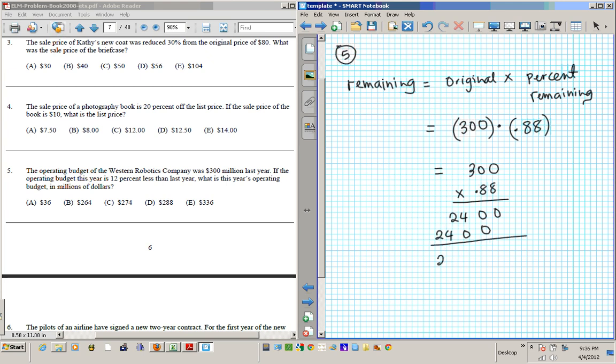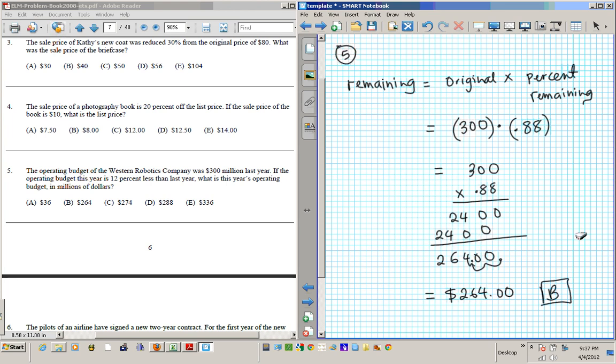We're going to have 26400. Since we have two decimal places with this number right here, we must apply that here and go 1, 2. Bam, there goes the decimal. Your answer is going to be $264, the amount of money you have left after taking 12% off. All right, so our answer is B.